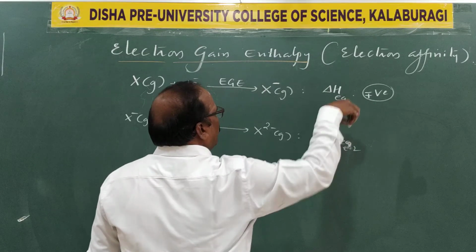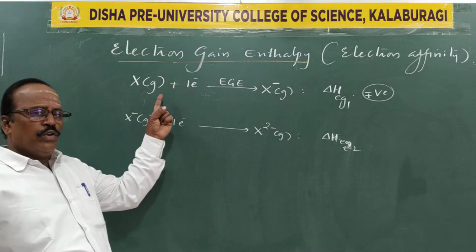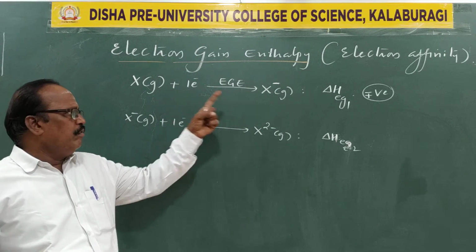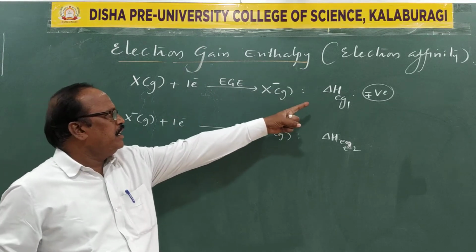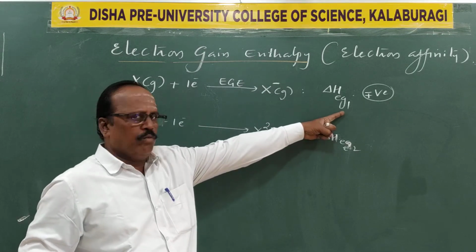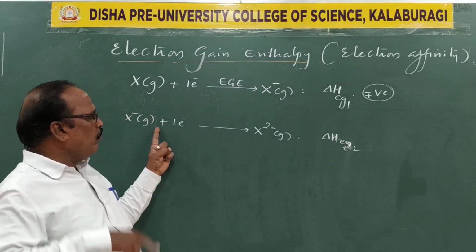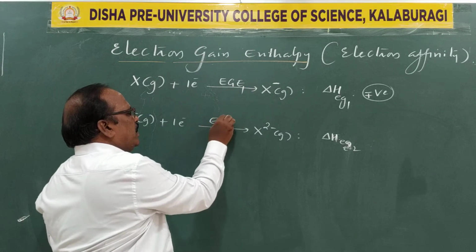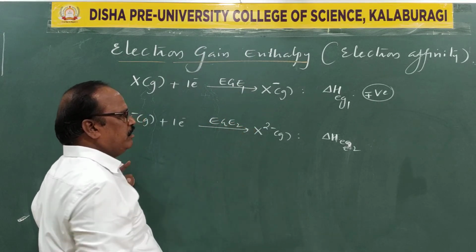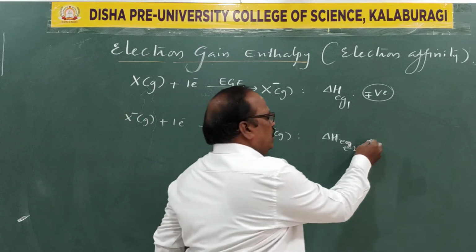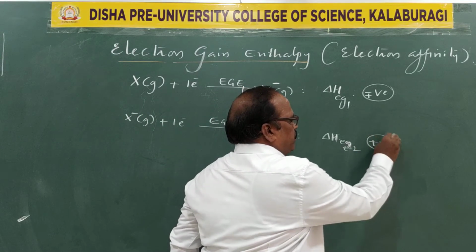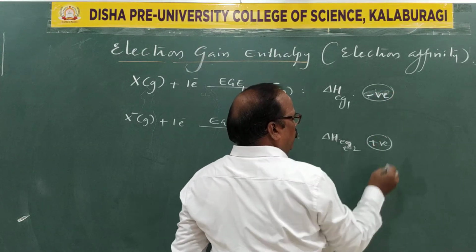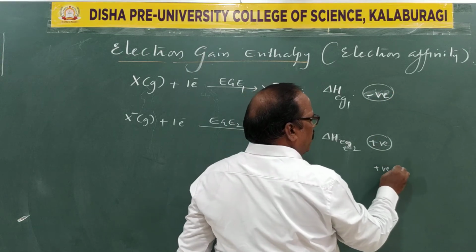To add the first electron, we call it electron gain enthalpy 1, and to add the next electron, we call it electron gain enthalpy 2. And now this is a positive quantity: the second one is positive, the first one is negative, and the remaining all will be positive only.